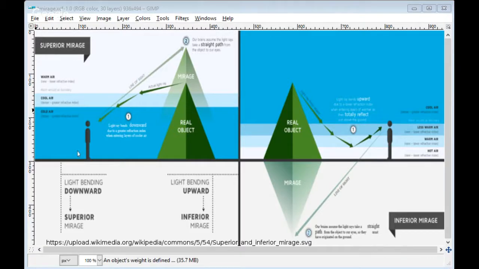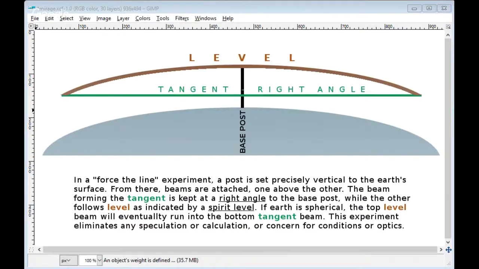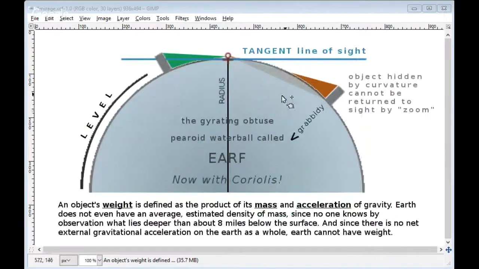So you can look at something that you shouldn't be able to see from that distance, according to the ball model, such as the red thing over here on the right. And if you see it and they say it's a mirage, then all you have to do is look at things around that building, especially behind it, such as mountains or whatever, and see if the proportions are still the same. If they are, you are not looking at a mirage.